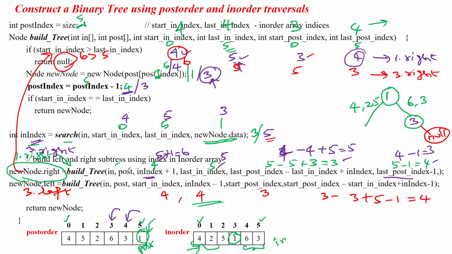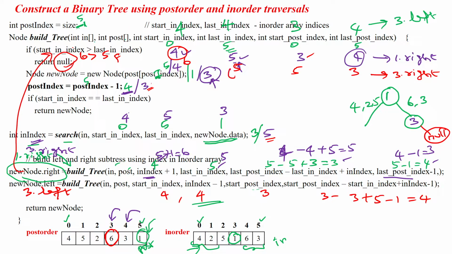So this is for 3 dot left. Here you look at that, we are having 4 comma 4, here start index greater than last index, which is false, it will not execute. Now we are creating the new node. For new node, the post order index is 3. In 3 we are having the value 6.